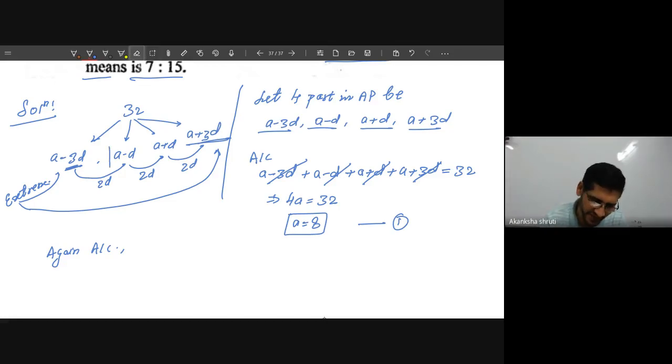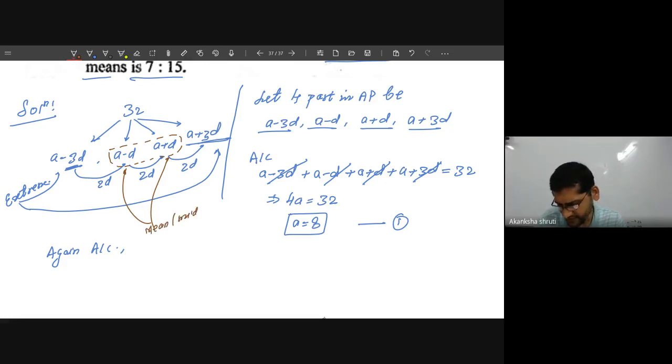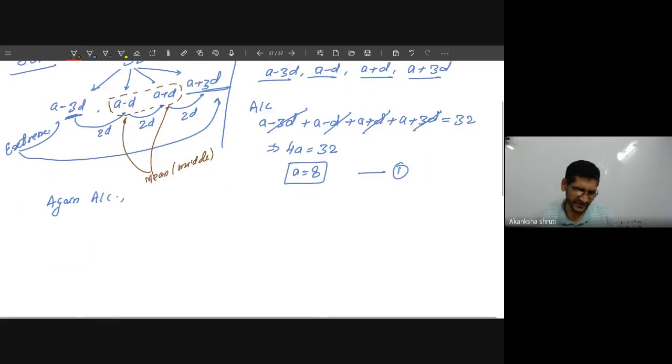Or let me mark it in red. These are the mean or middle. Mean means middle, like the median we have learned in class 9, a similar kind of thing.